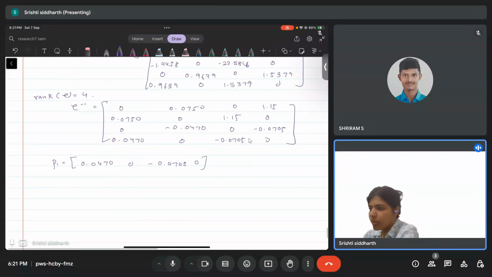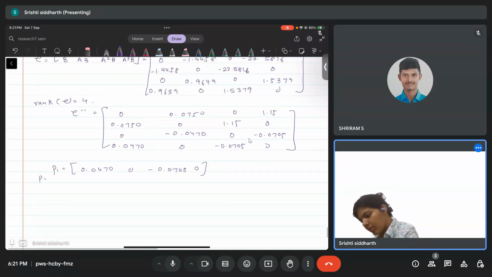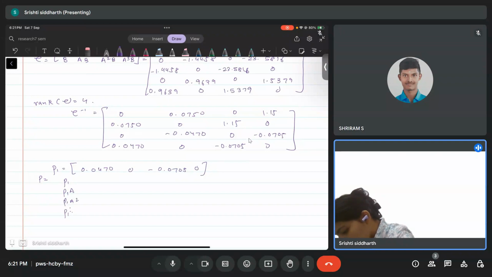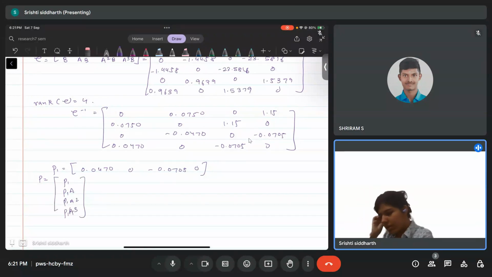So now that you know the first row, you can always find the whole transformation matrix, right? So that is given by P equals P1, then P1A, then P1A square, and the last one is P1A cube. So you can substitute these and find that this is some 4 by 4 transformation matrix.